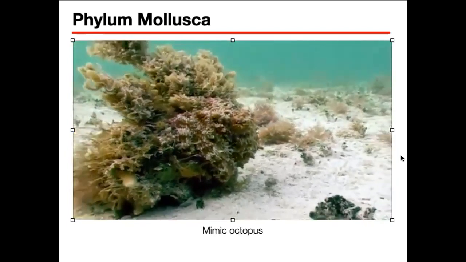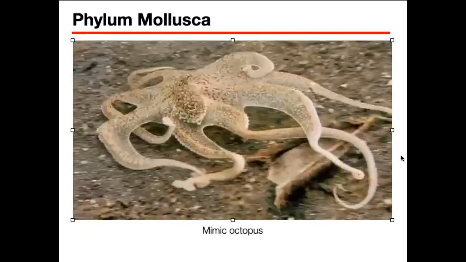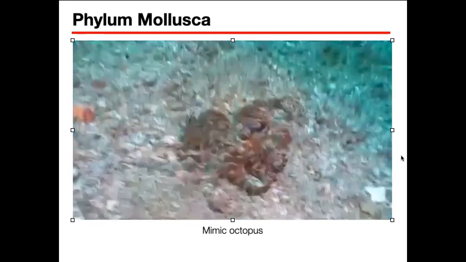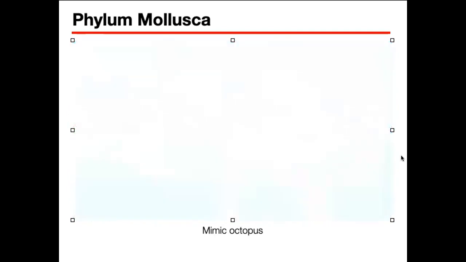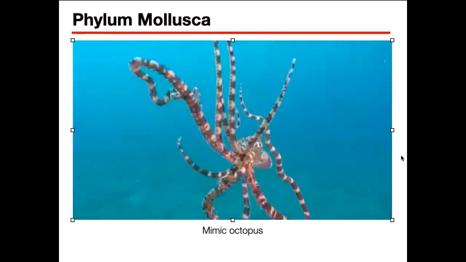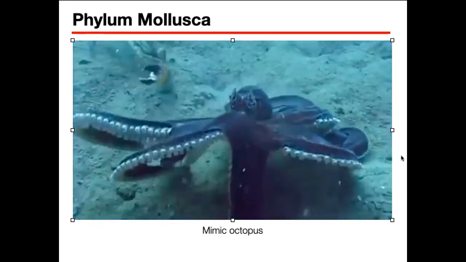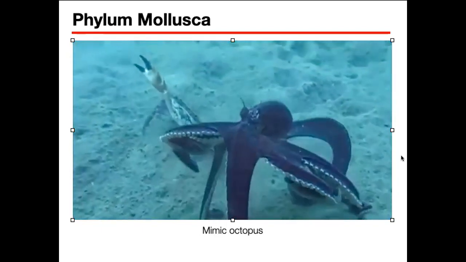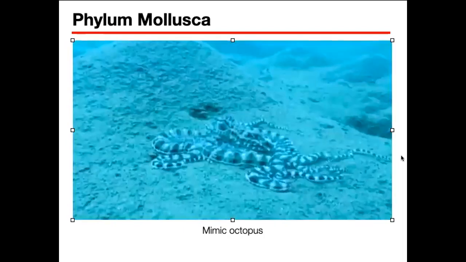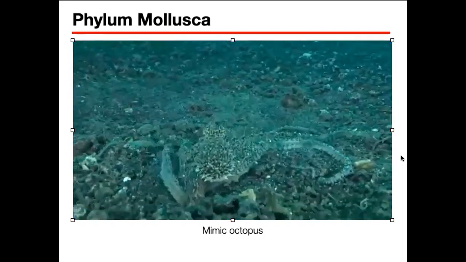This is the mimic octopus, a master of disguise. In its natural state, the mimic octopus is a light beige color, and like most octopi, can change its skin pigment to blend in with its surroundings. But the mimic octopus takes things to another level altogether. Found in Indonesia and in the Great Barrier Reef, it's an octopus that is so intelligent that when it feels threatened, it can fool possible predators into thinking that it is in fact another, more deadly species. It does this by changing its color, shape, and perhaps most interestingly, the way it moves and behaves.